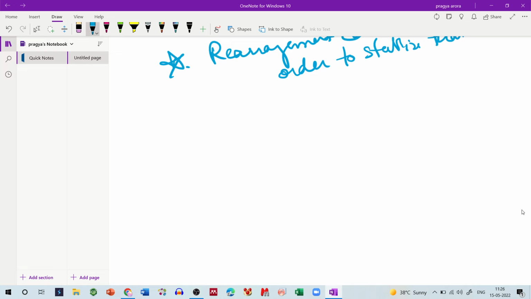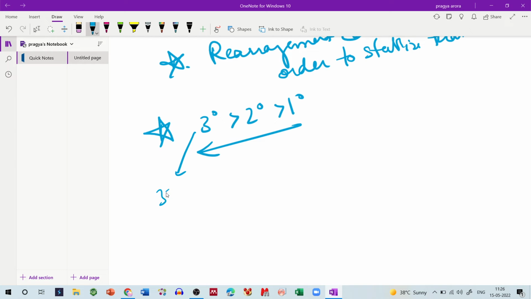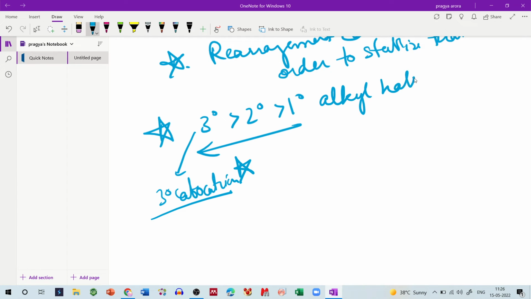Also, since the carbocation is generated, the order of alkyl halides performing this E1 mechanism will follow the trend tertiary, secondary and primary, because a tertiary alkyl halide will generate a tertiary carbocation which will be more stable. And again, since it involves the formation of a carbocation, it is also favored by protic solvents.